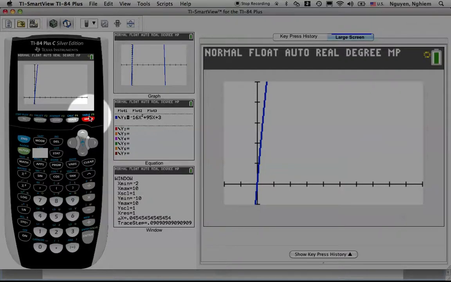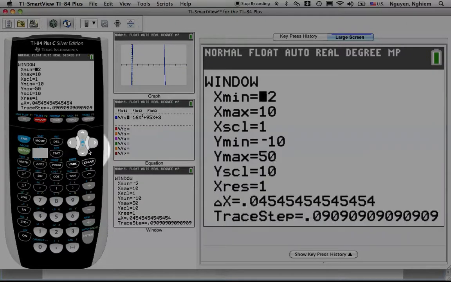It goes way above 50 feet. So you can see the graph starting to be drawn here. I have to adjust my window now. Let me see my window, please. So the x values are pretty good. Just to be safe, let me go up to like 100.